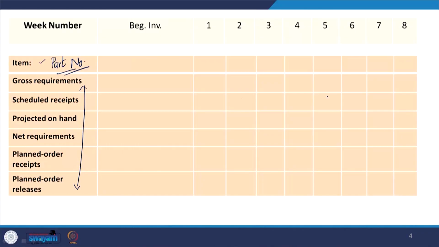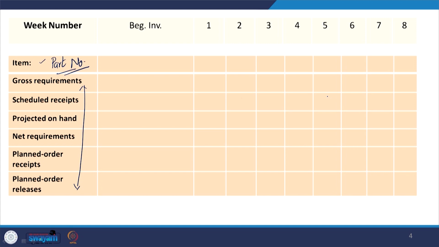So, you have a very long table, and in that, maybe some order which you have placed already will be arriving in the second week or in the fifth week. So, you know that this much quantity will be available to me in this particular week, projected on hand. Based on that you will see how much will be available in your hand.